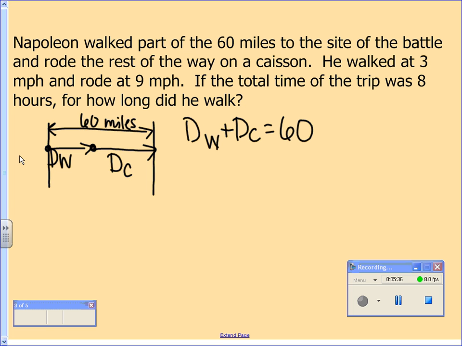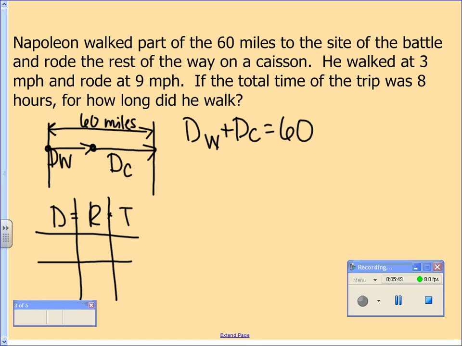Let's see how that works so far. What do we know about distance? What does it equal? Uh-huh. You agree? D equals RT. When he was walking, we don't know his distance. What was his rate when he was walking? Okay, do we know the time that he was walking?